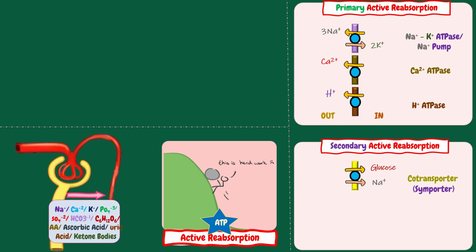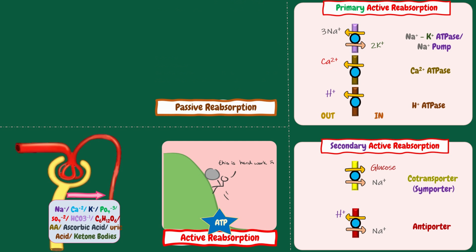Means antiporter is a membrane protein that transports two molecules at the same time in the opposite direction. For example, the proton and sodium moving in opposite direction through antiporter. Later in this video, you will come to know where these symporters and antiporters are present, and how do they work. So, don't miss it.